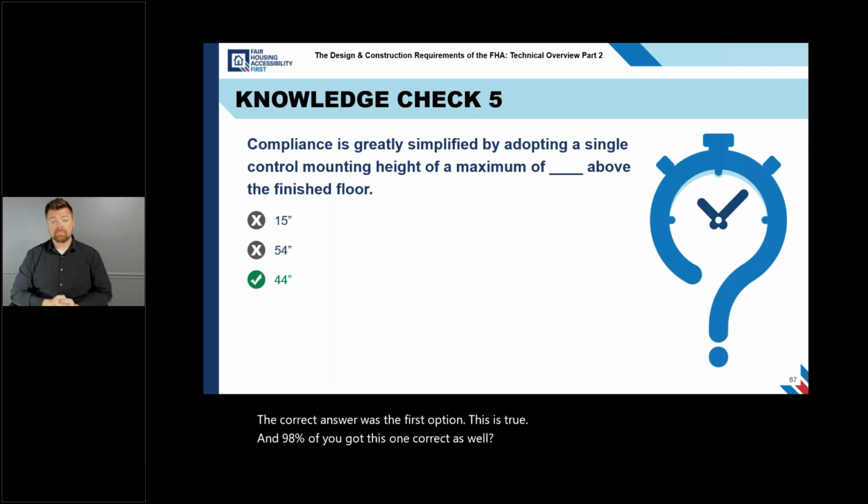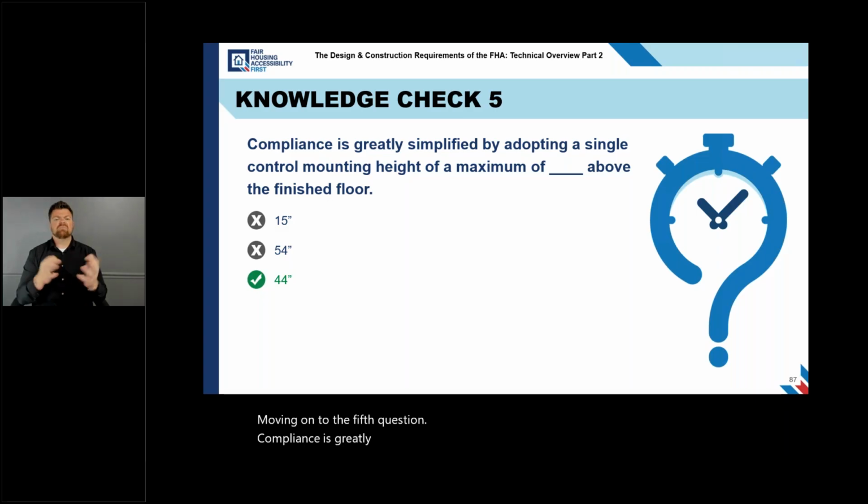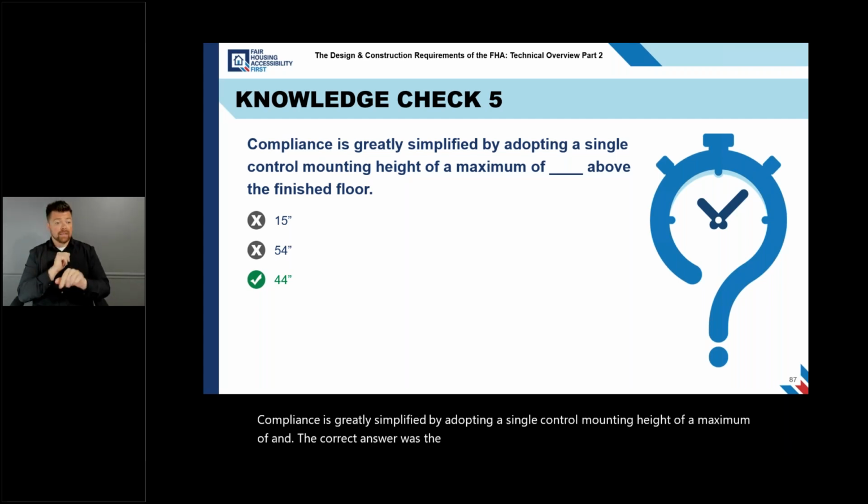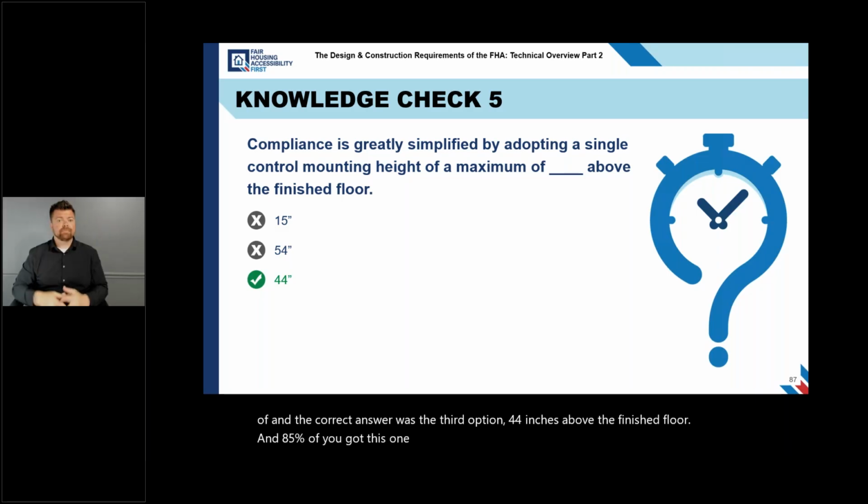Moving on to the fifth question. Compliance is greatly simplified by adopting a single control mounting height of a maximum of, and the correct answer was the third option, 44 inches above the finished floor. And 85% of you got this one correct.